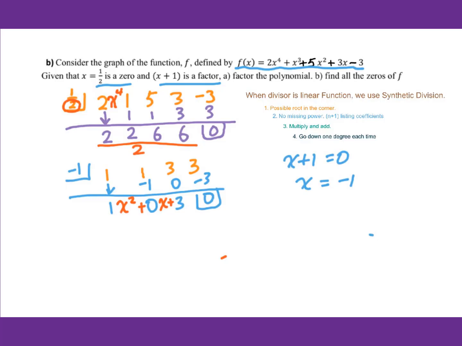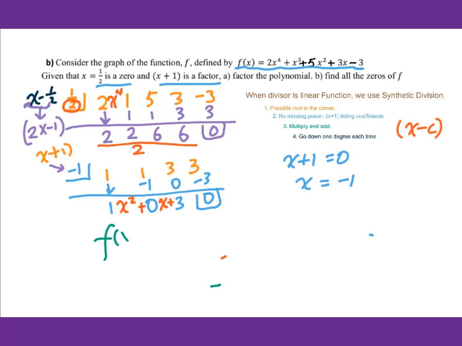Therefore, for the factor 1/2, we got x minus 1/2. But the factor we will write down, bring this 2 to the front: 2x minus 1. For this factor, you will get x plus 1. Remember, always x minus c is a factor.